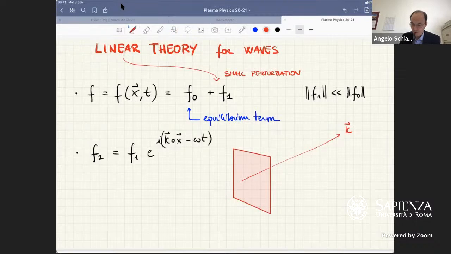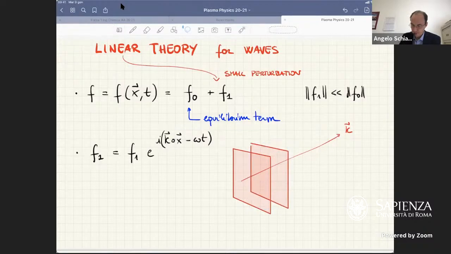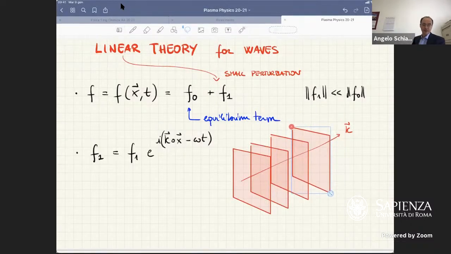And we have many of these planes, where the phase is constant, and the k vector is orthogonal to these planes.